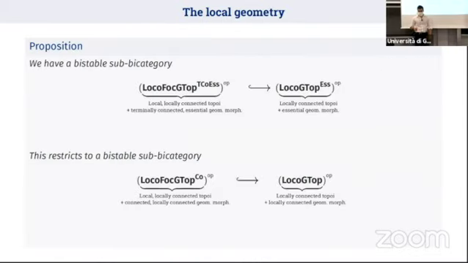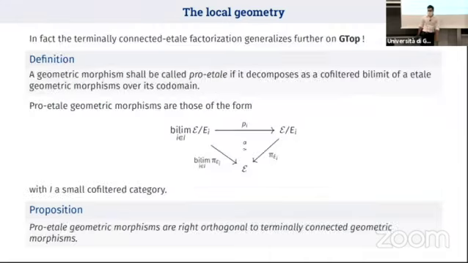And because of this, you can then refine the previous B-stable inclusion by looking at local topoi, but we can do even better. In fact, we can generalize the terminally connected étale factorization to arbitrary geometric morphisms by relaxing the right part and looking at pro-étale geometric morphisms, which are co-filtered limits of étale geometric morphisms over the codomain.